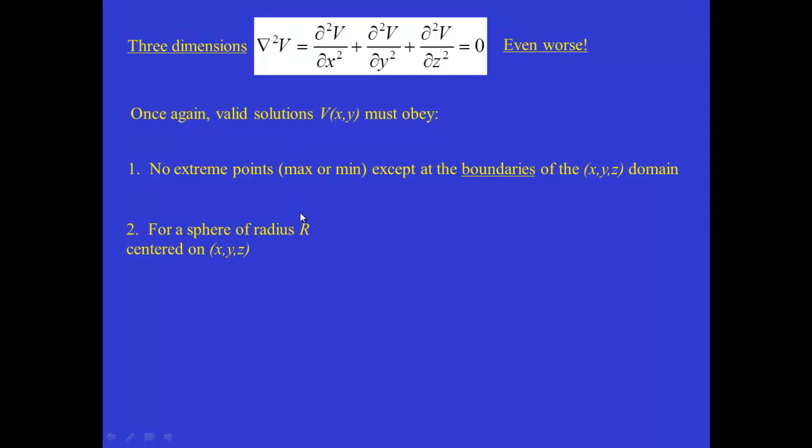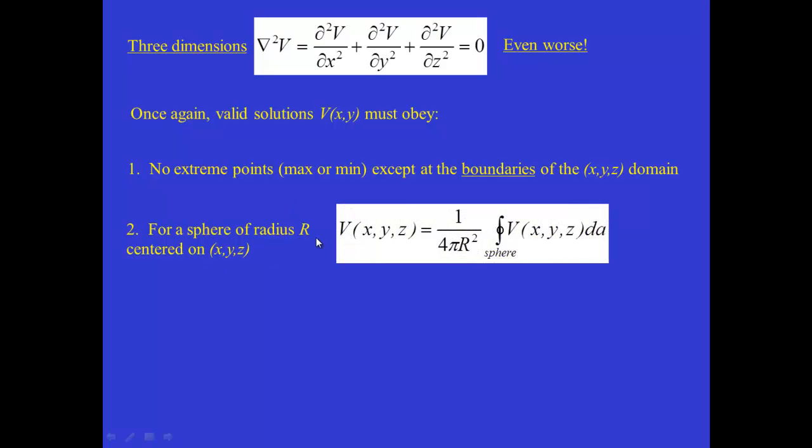Once again, valid solutions to this equation must obey the two by now familiar principles: there are no extreme points except at the boundaries, and secondly, having a three-dimensional system, we can define a sphere of radius r centered on a point xyz. And we find that taking the value of v on the sphere, adding it up, and then averaging over the surface area of the sphere gives us exactly the value of the potential at the center of the sphere.